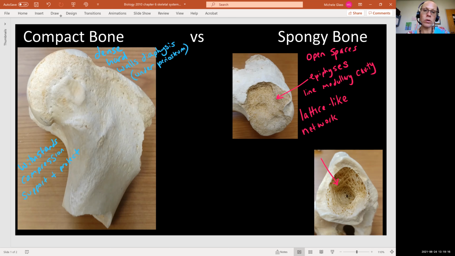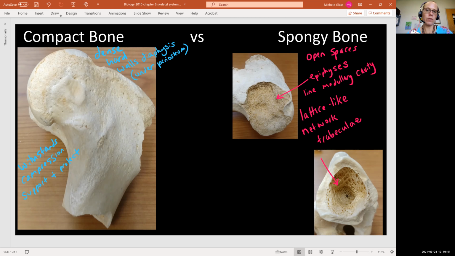And we can also call the extensions of bone trabeculae. So some people call it spongy bone, some people call it trabecular bone, some people call it cancellous bone. So we'll see some different names here.